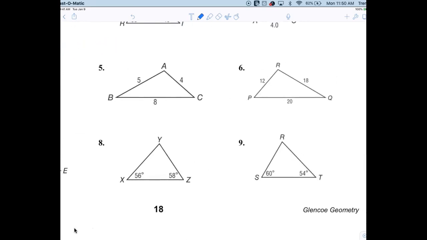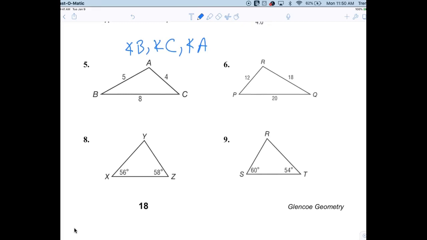Angle B, angle C, angle A. Now, I didn't even bother looking myself. I want someone else to verify that looks good. Everybody's got that? Let's check out 6. I need angles. Go. Angle Q, angle P, angle R. Everybody happy with that?